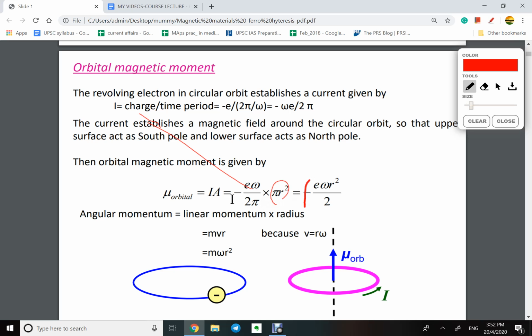So finally we get this equation. Then what is the angular momentum of the electron in this orbit? That is given by m omega r square. Here v is the linear velocity, equal to r, the radius of the orbit, multiplied by omega, the angular velocity of the electron in the orbit.